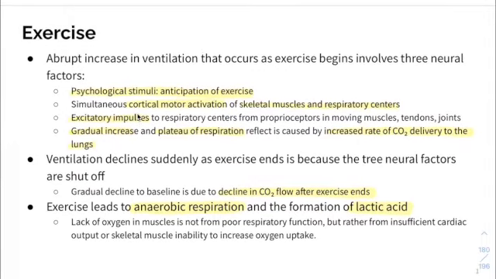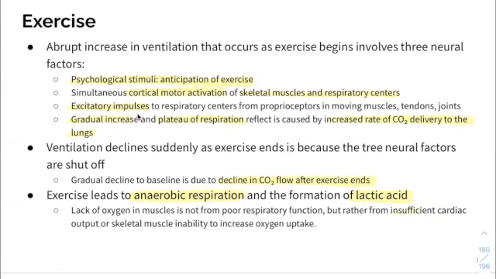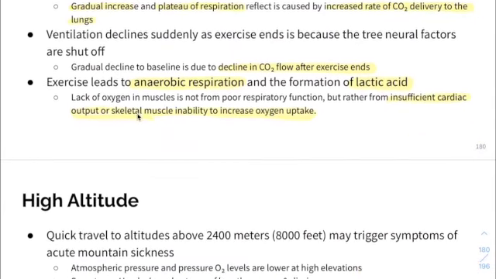But we're missing oxygen. It's not because of breathing. It could be from your heart not pumping enough blood out. Maybe your muscles aren't taking up oxygen out of the blood as efficiently as they should. This all kind of affects your oxygen levels throughout the system.